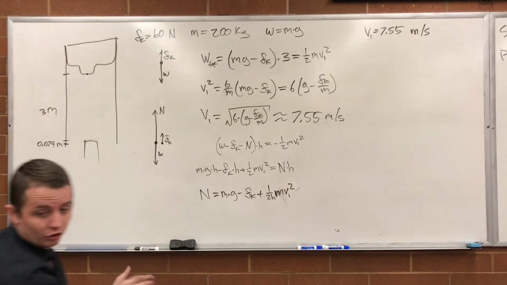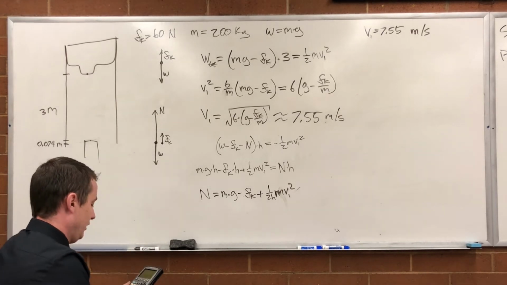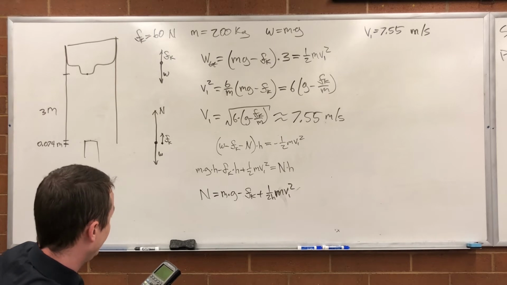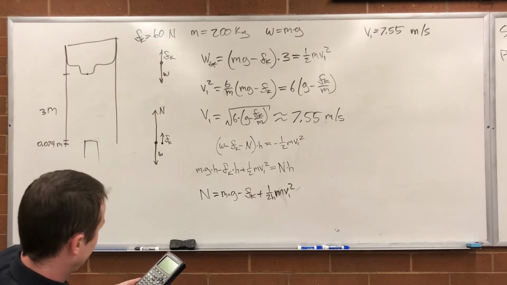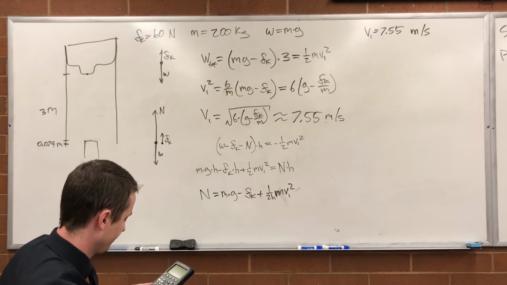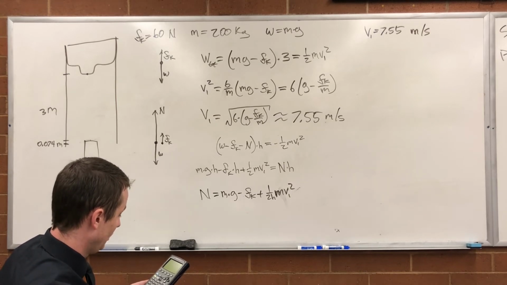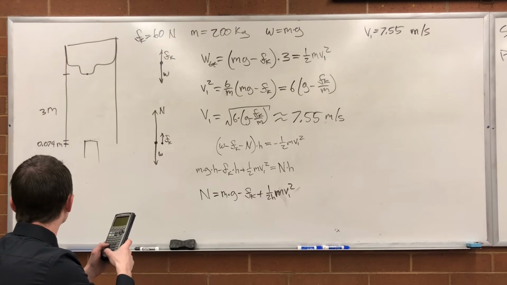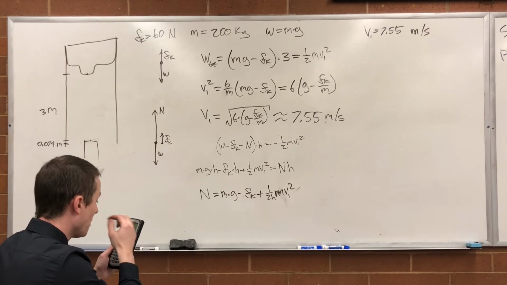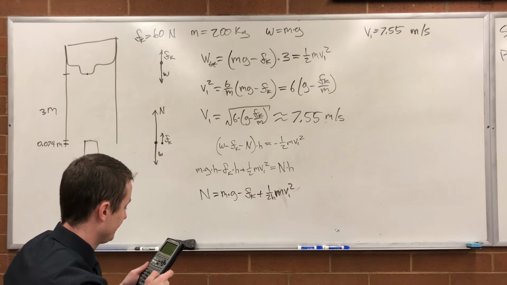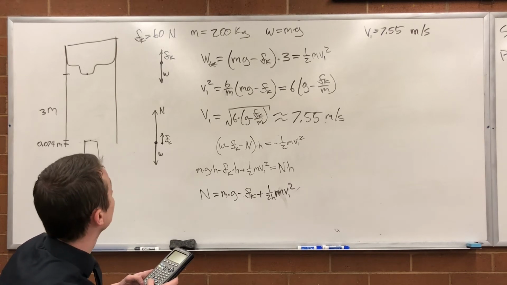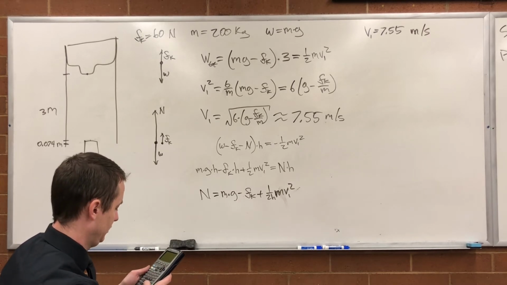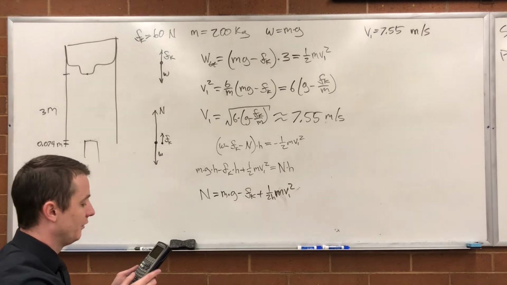So my normal force then is, let's see, 200 times 9.8 minus 60 plus 1 divided by 2 times h, which is 0.074, times the mass, which is 200, times our velocity squared, 78900.